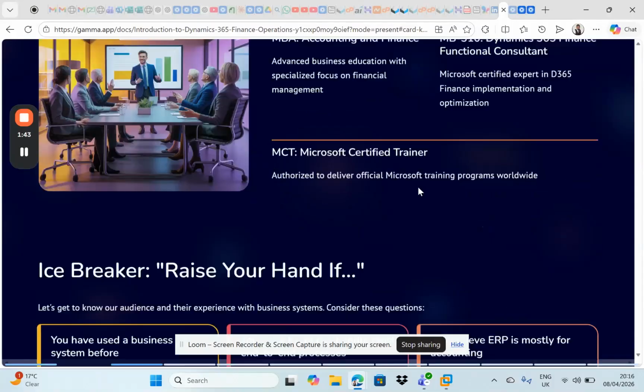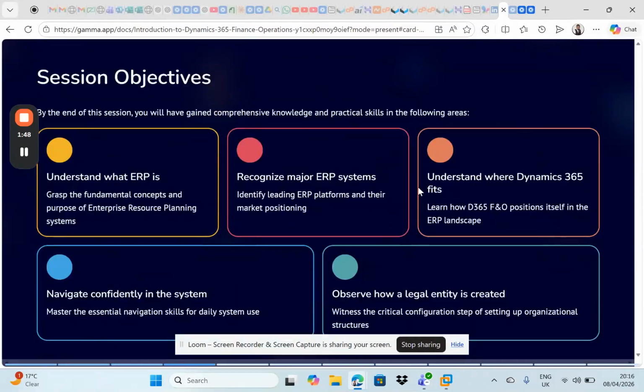So, moving ahead, at the end of this session, what do we aim to achieve? The first thing is that we are going to understand what ERP is as a whole, because it's not only Dynamics. There are several ERP systems out there, like Workday, Navision, SAP.